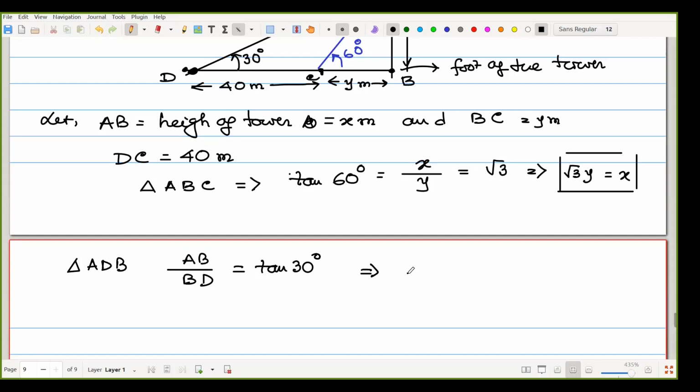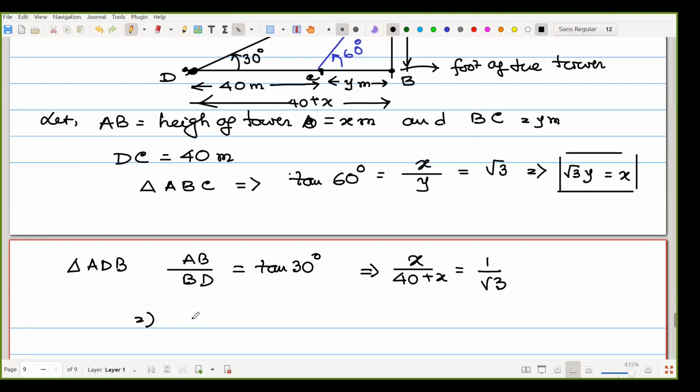Now AB means we have X, and BD means we have 40 plus Y. Tan 30 degree means 1 by √3.